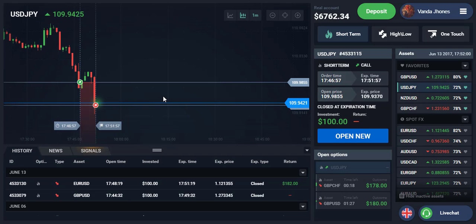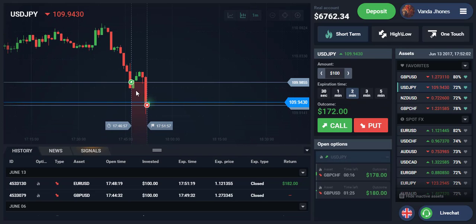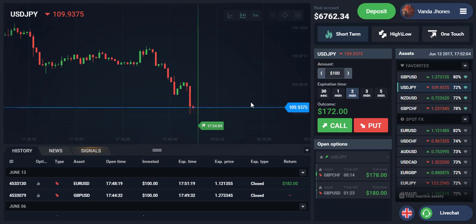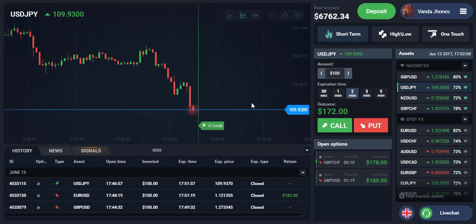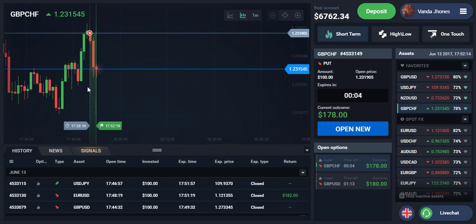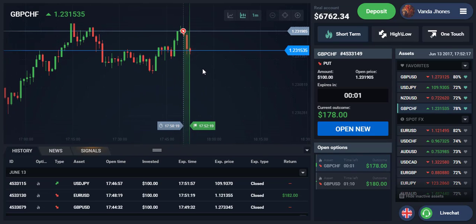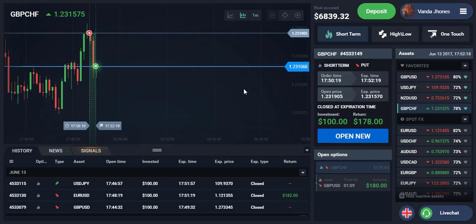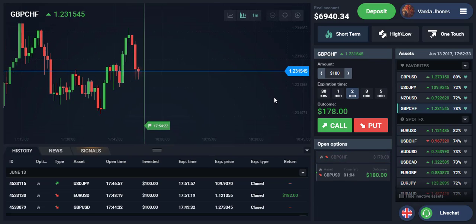But to say in my favor, I think that after all, stochastic was correct, and I was just a little bit incorrect with the time frames. So, right, the GBP CHF is still here with us, giving me some profit, not covering losses yet, but we'll see what we can do.